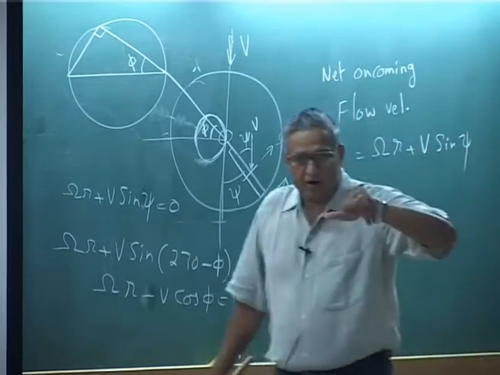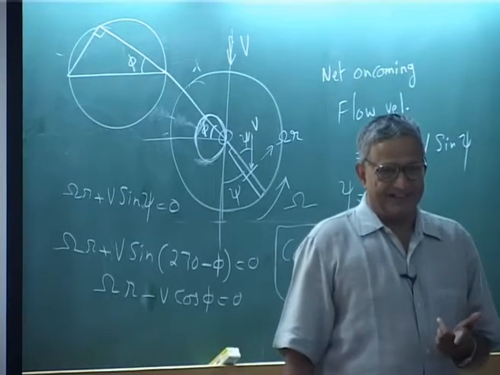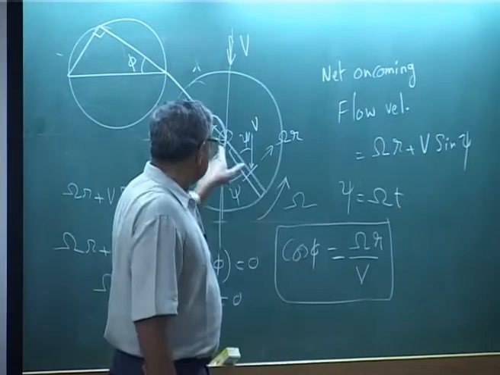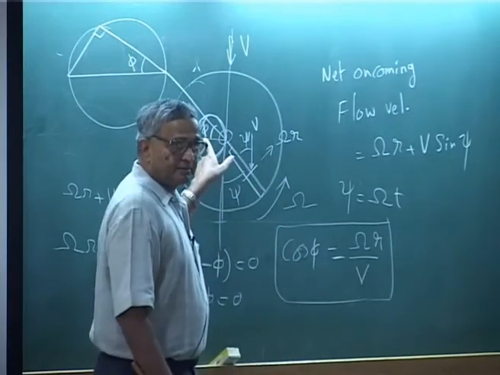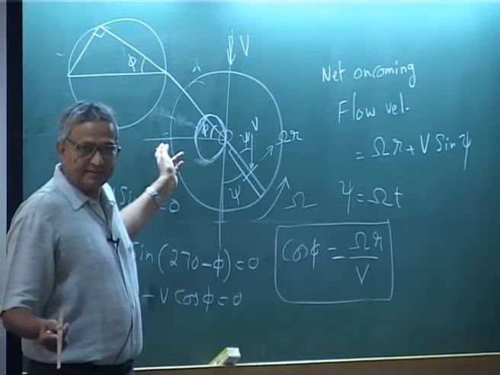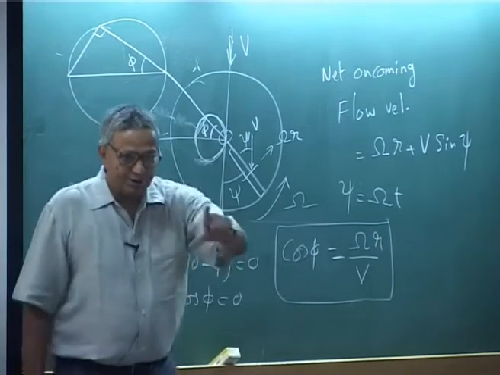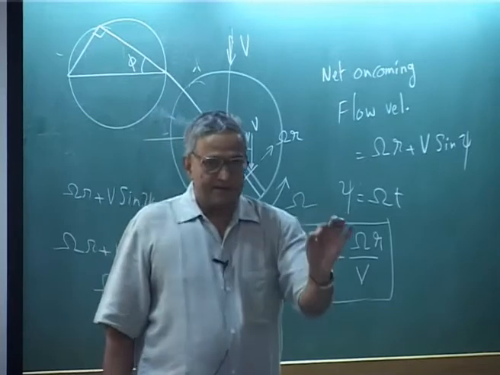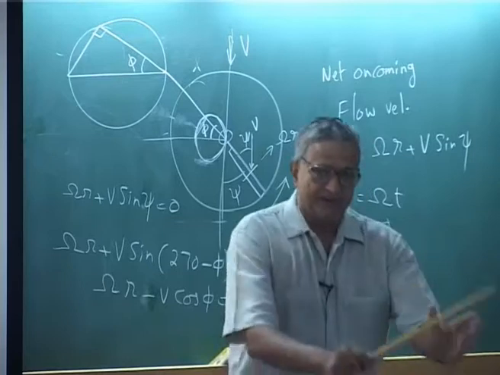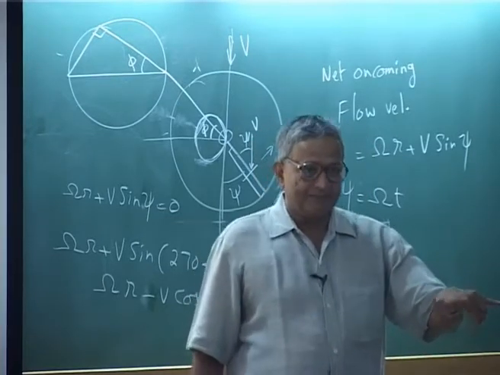the condition for the boundary, okay, and that boundary is nothing but when phi is 0, omega r is V, okay, that means this point, that is the radial location where omega r is equal to the oncoming, that is the helicopter velocity, that becomes your diameter.